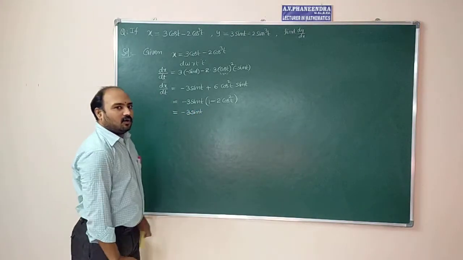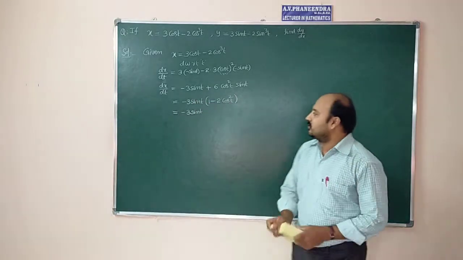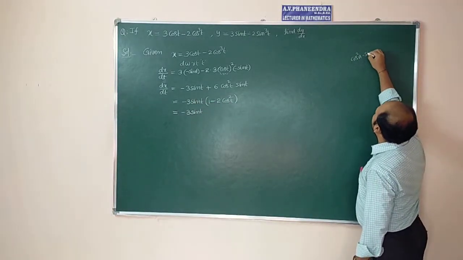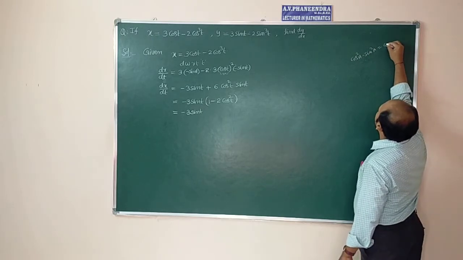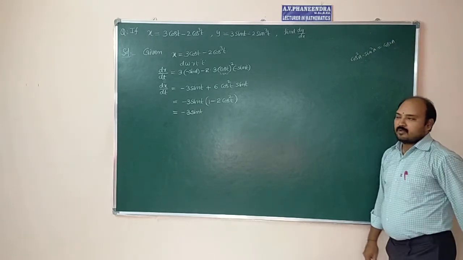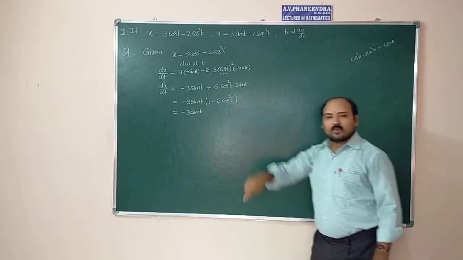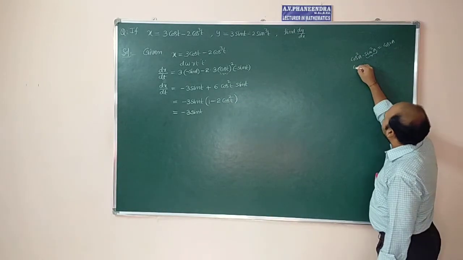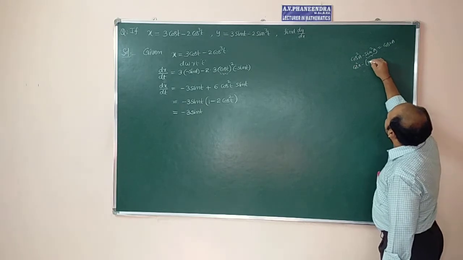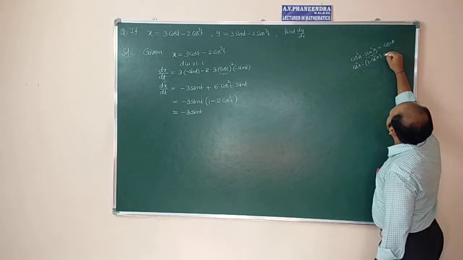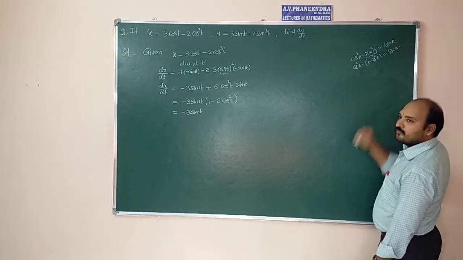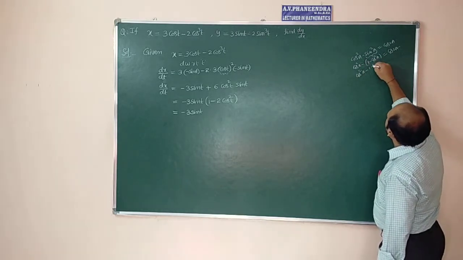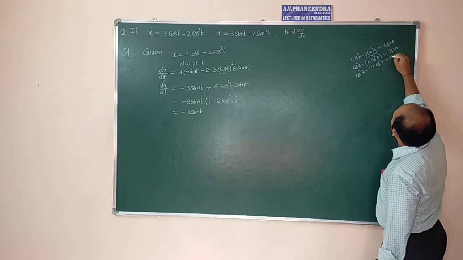We have the formula: cos square a minus sin square a is equal to cos 2a. But here 1 minus 2 cos square t is there. So sin square a in terms of cos: cos square a minus 1 minus cos square a is equal to cos 2a.